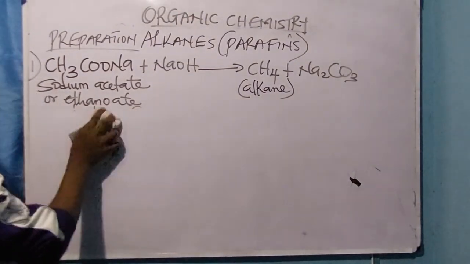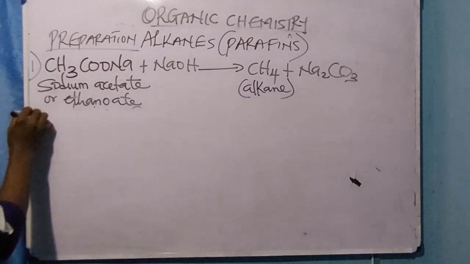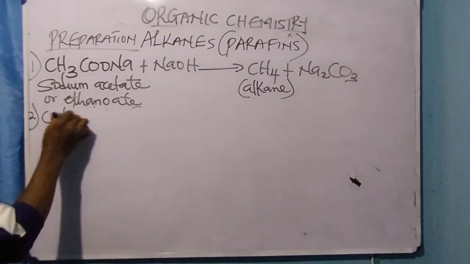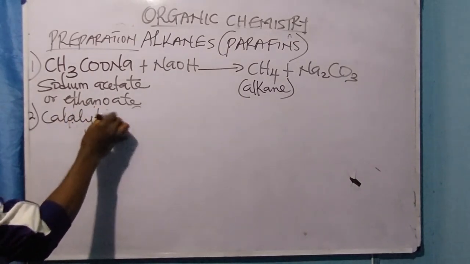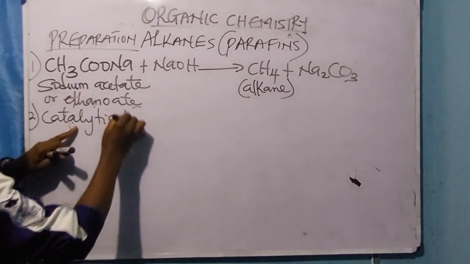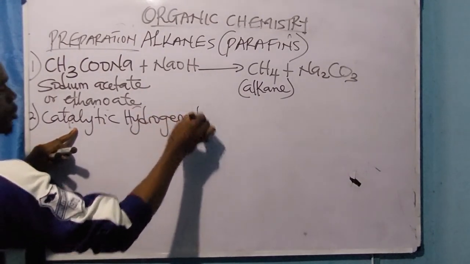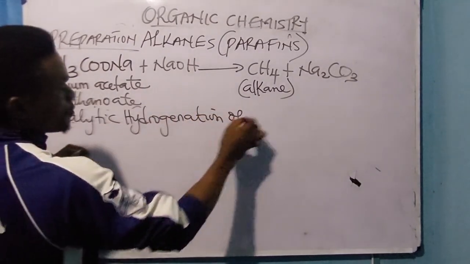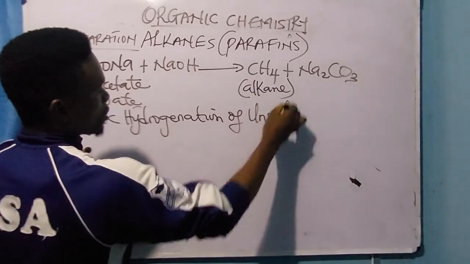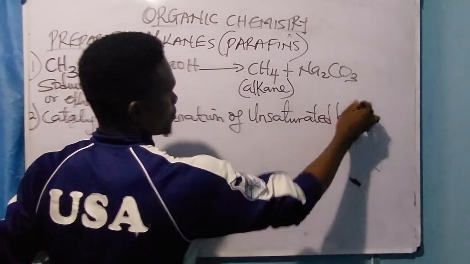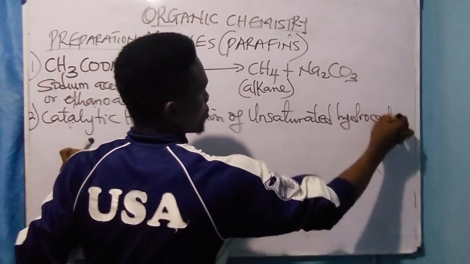Now, what is another method of producing alkane? Two, it is produced through the catalytic hydrogenation of unsaturated hydrocarbons.